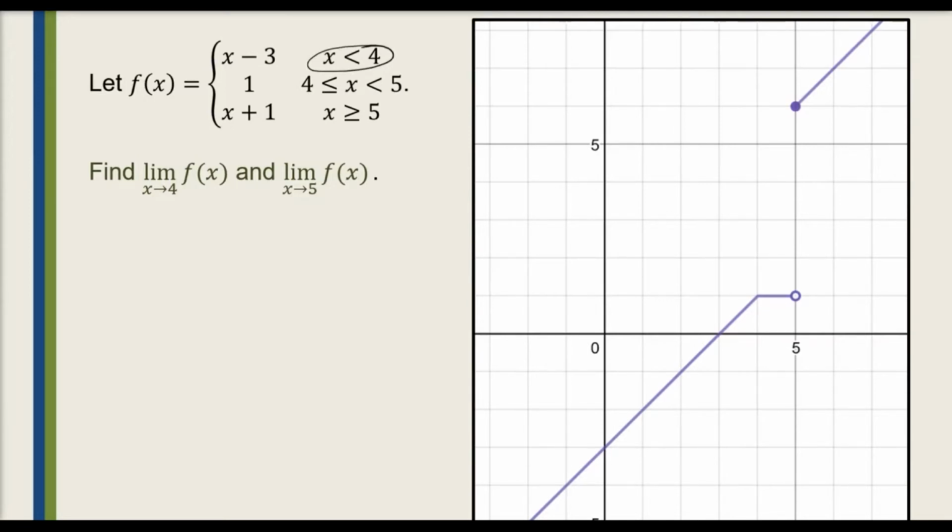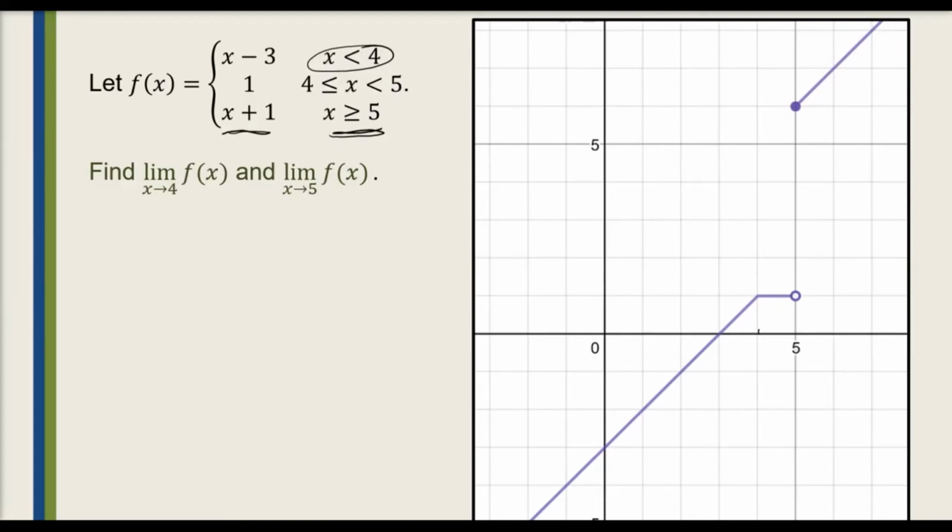It looks like the graph of 1 when x is greater than or equal to 4 but less than 5. And it looks like the graph of x plus 1 whenever x is greater than or equal to 5. So in this problem, we want to find the limit as x approaches 4 of f of x and the limit as x approaches 5 of f of x.